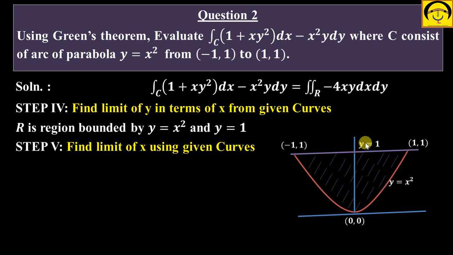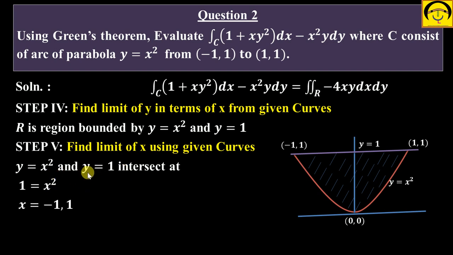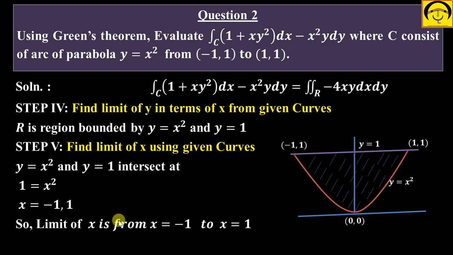To satisfy these two equations, it will be x square equal to 1. So these two curves intersect at x equal to minus 1 and 1. So the limit of x varies from x equal to minus 1 to 1.